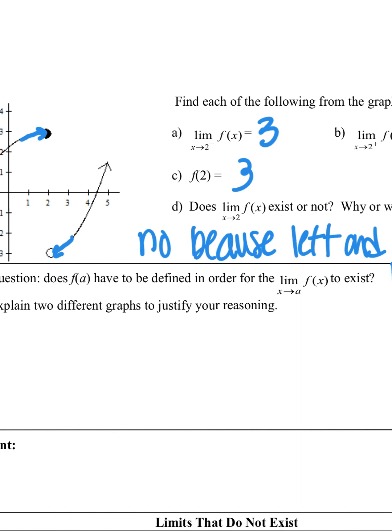So like, if there was a multiplier, then it would exist, but it would be undefined. So yeah. I'm gonna say it doesn't.